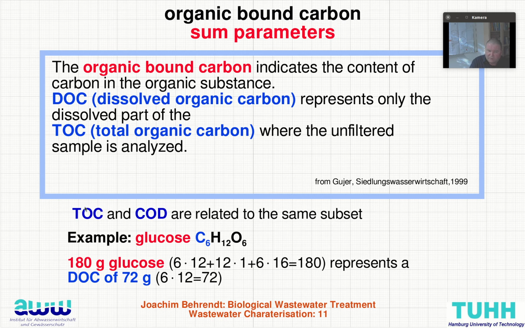TOC and COD are related to the same subset. Finally, for glucose, in this case we are only looking at the 6 C, and therefore 180 grams of glucose represents 6 times 12, so 72 grams DOC.